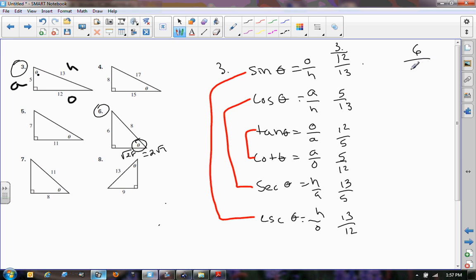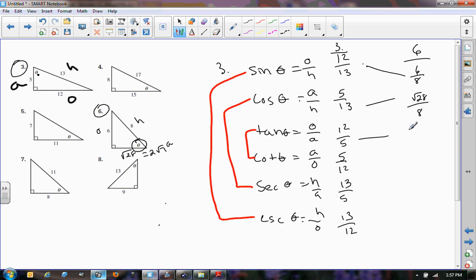All right, so O. Hypotenuse is here. Opposite, adjacent. 6, 8. That's sine. Cosine is adjacent, square root of 28 over 8. Don't simplify, leave them alone. They are fine the way they are.